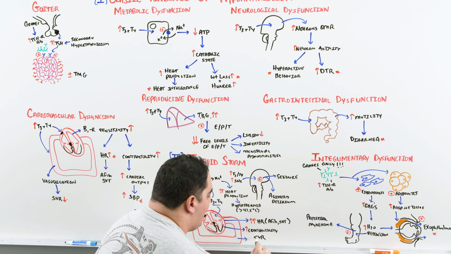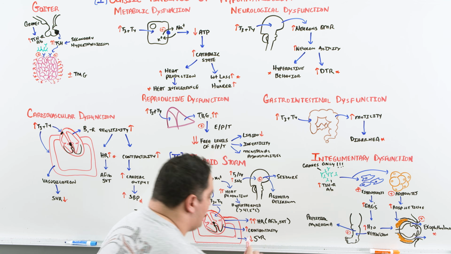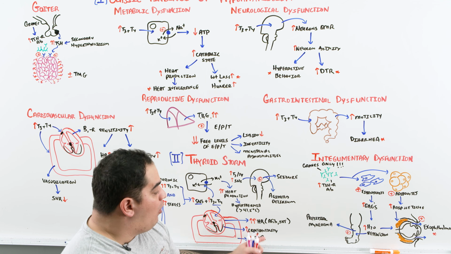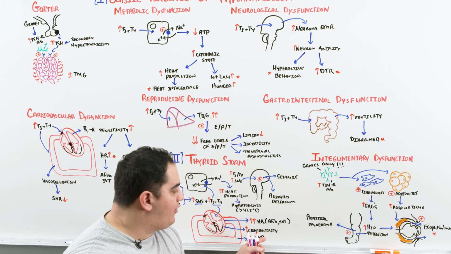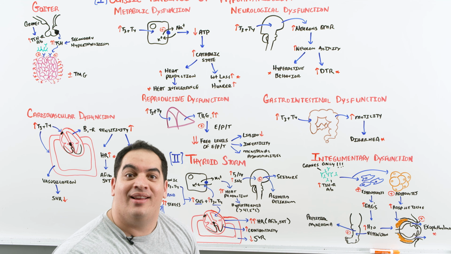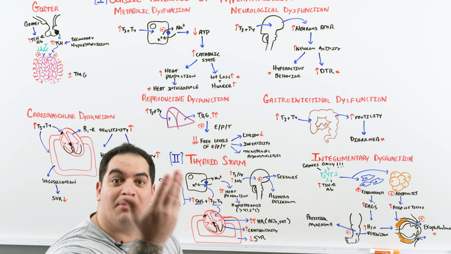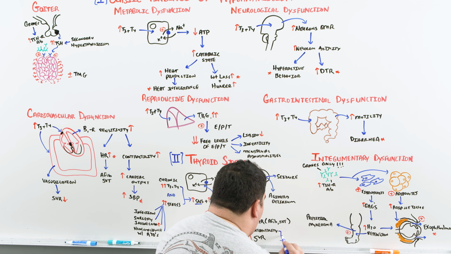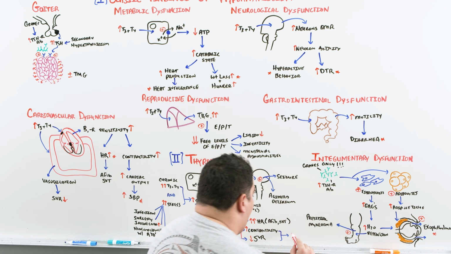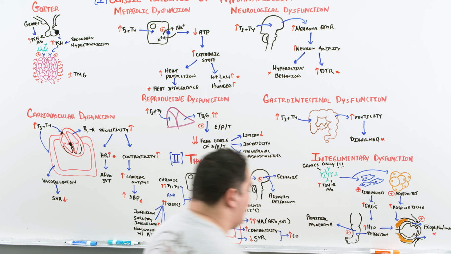Now, if my blood vessels crazy vasodilate and I drop my systemic vascular resistance, what will I do to my afterload? I'll drop my afterload. If I drop my afterload, what will that do to my cardiac output? It'll increase my cardiac output. What does an increase in contractility do? Increase my cardiac output. The combined effect of this is an increase in cardiac output. I'm going to abbreviate that as CO.